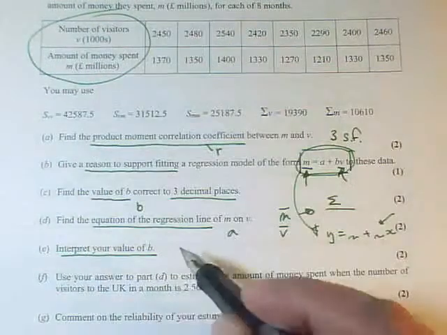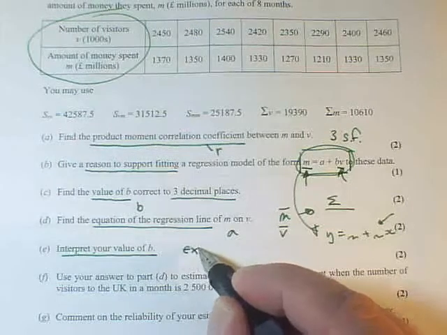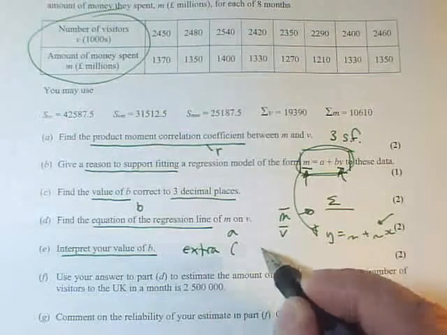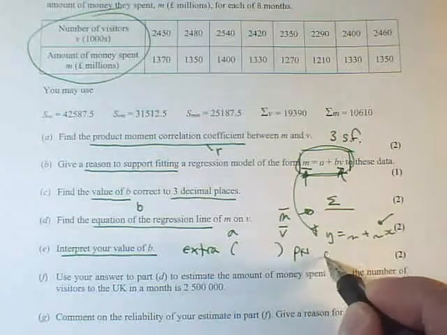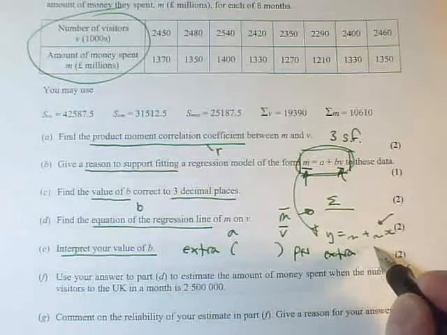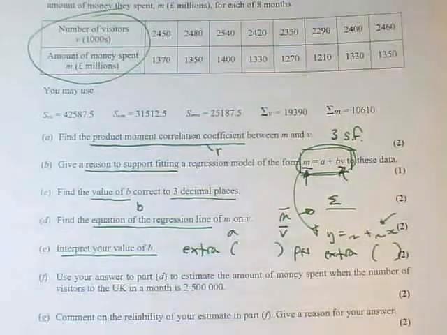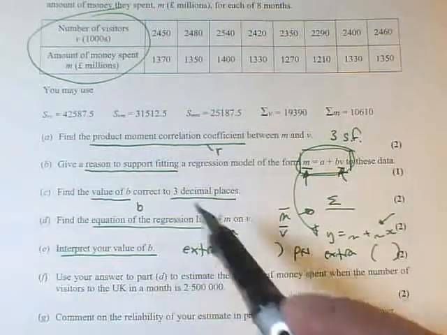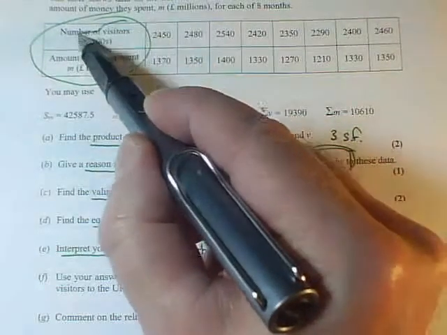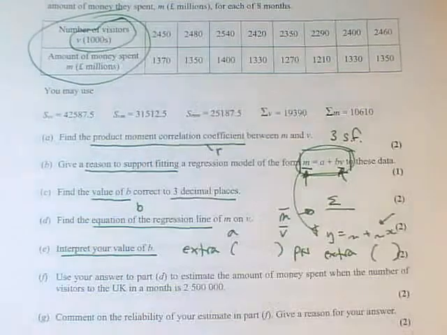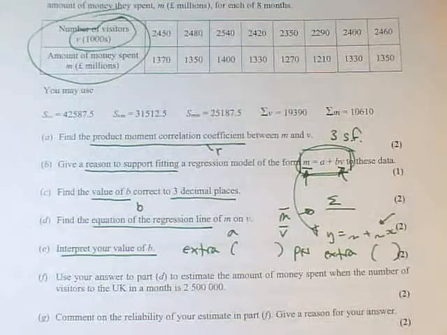So it is the extra something per extra something else. Round about this point you do have to pick up that V is measured in thousands. That's important for E. It's even more important for part F.